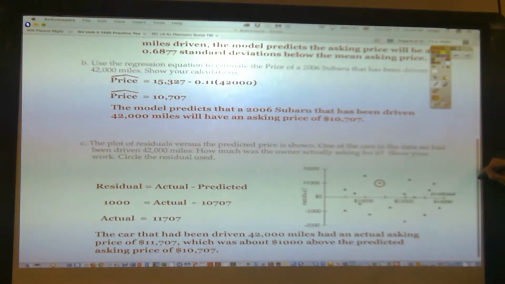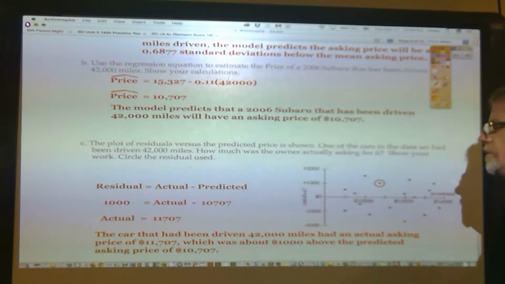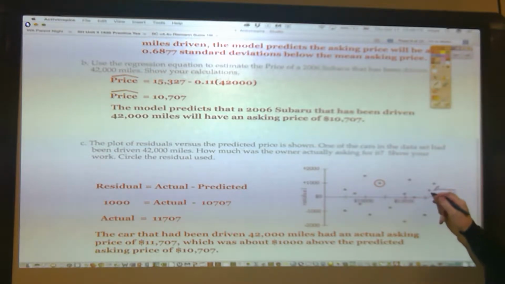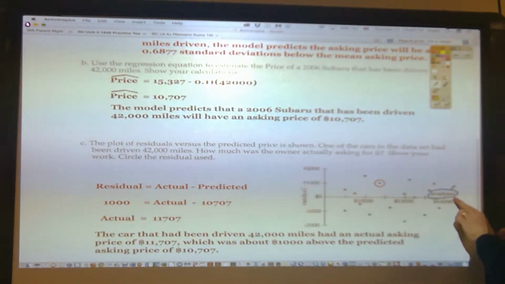Yes. Okay, so part C. I'm just wondering why do you circle that one instead of the one that is closer to 10,000? Okay. So I need to figure out, first of all, on a residual plot, they have 2 options for the horizontal axis.